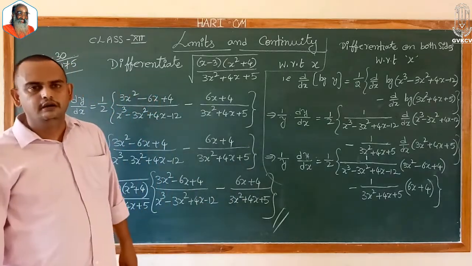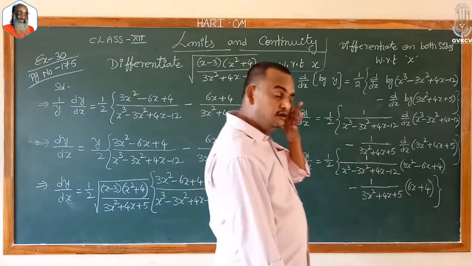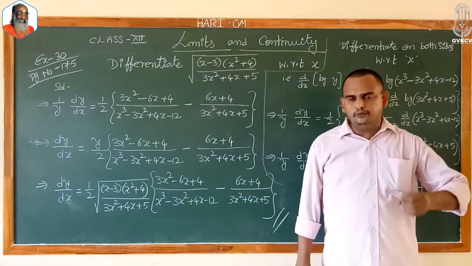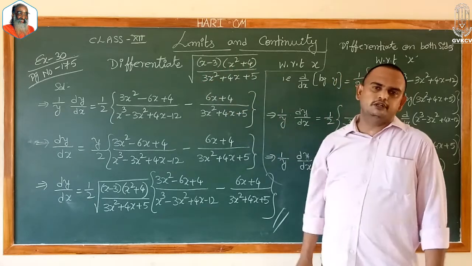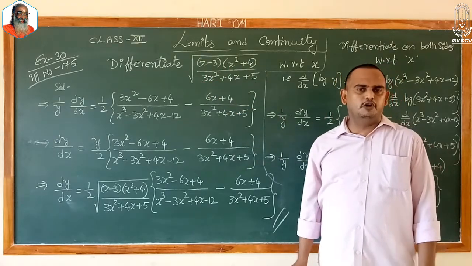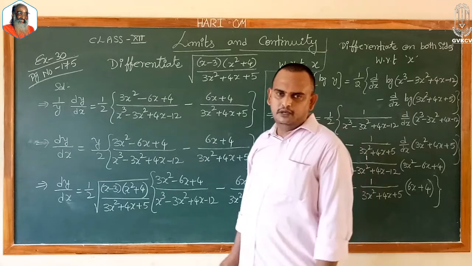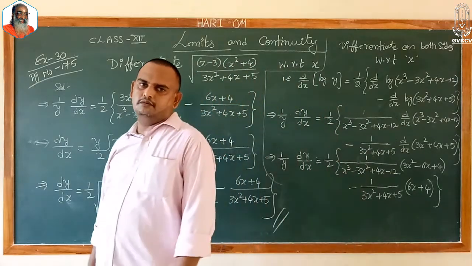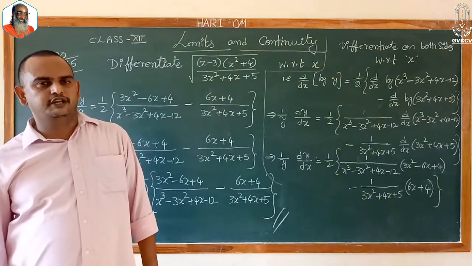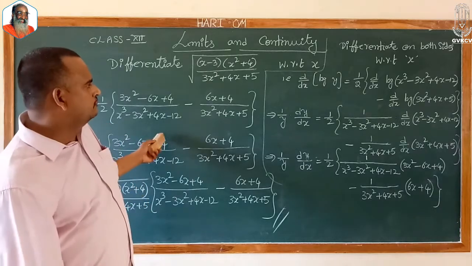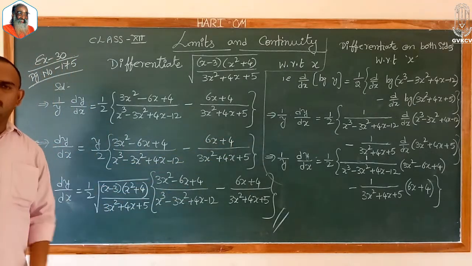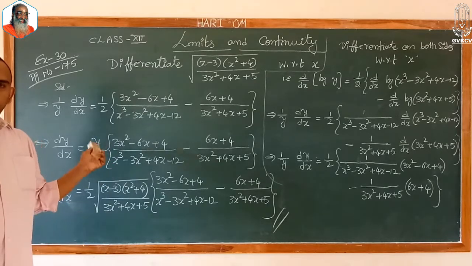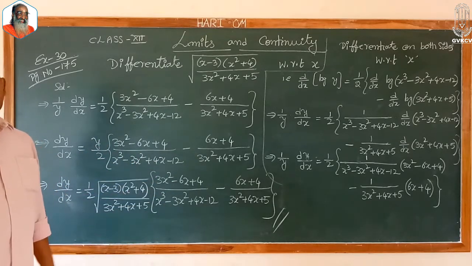This is the derivative of the given function. So whenever we have this kind of problem, which method are we following? We are following the method of logarithmic differentiation. You may have a little bit of confusion in this problem, but by solving another 2-3 problems, definitely you can have more clarity about this method.